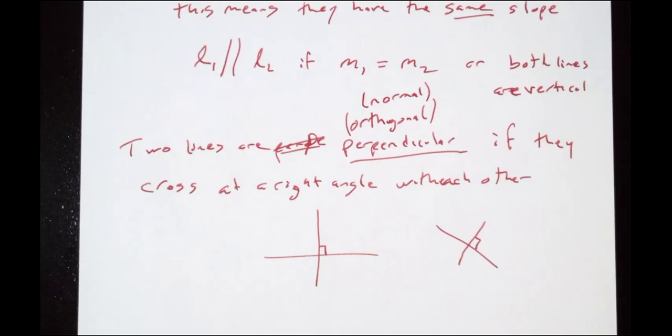Okay, how can I tell from my equations if my two lines are perpendicular? Really close. Not just inverse, reciprocal to one another, but also negative to one another.